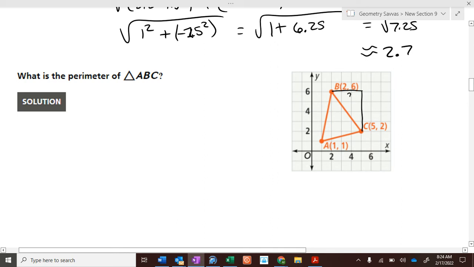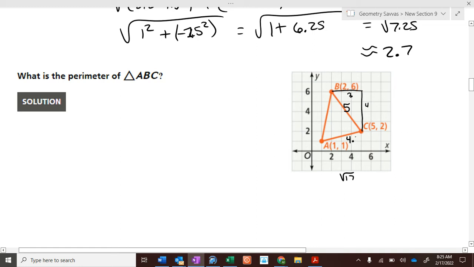What's 3 squared plus 4 squared? 9 plus 16 is? 25. Square root of 25 is 5. This side is 5. Okay. AC. We go up 1 and over 4. What's 1 squared? 1. What's 4 squared? So you take the square root of 17 on your calculator and you get 4 point.